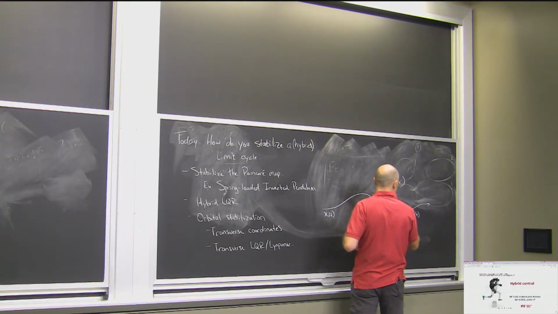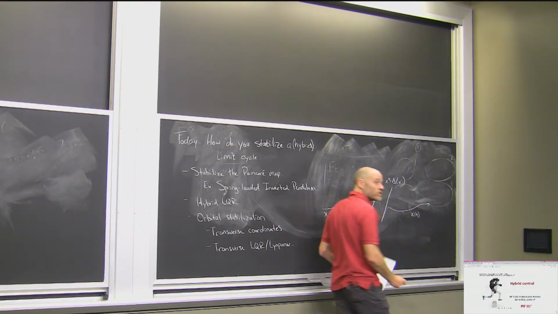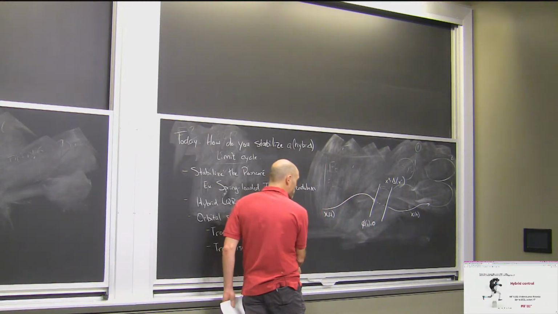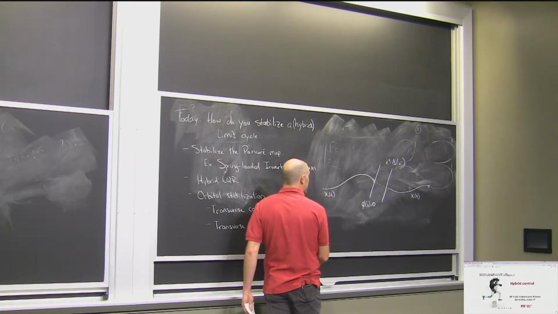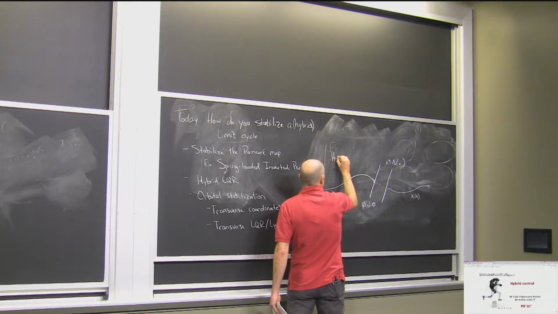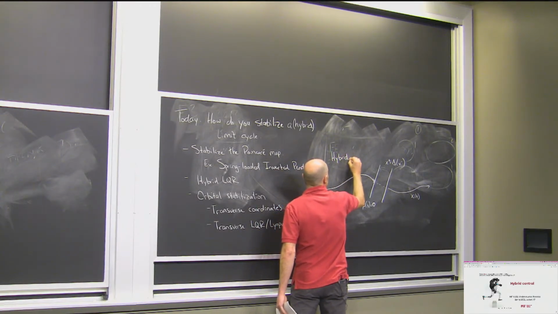And of course, you can have another event and another continuous trajectory and so on and so forth. But this was the language of hybrid systems in the way we're using it in this class.